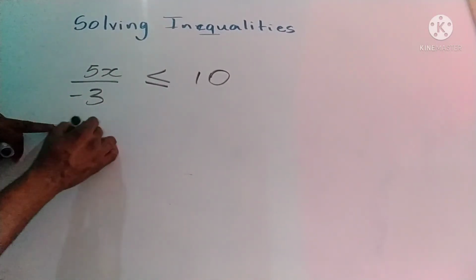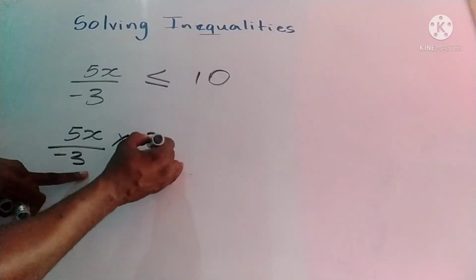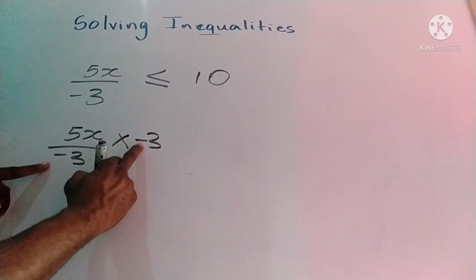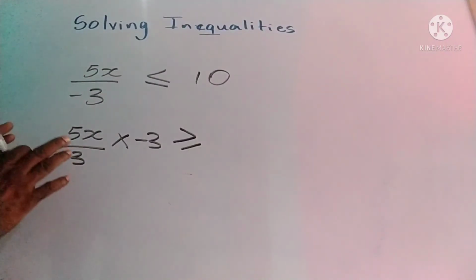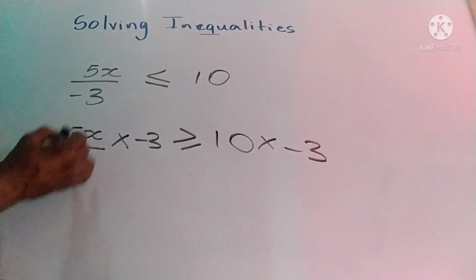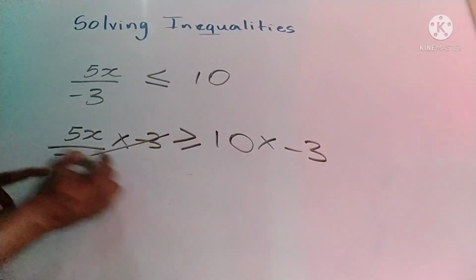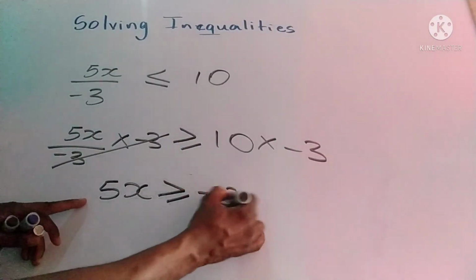So 5x divided by negative 3, we're going to multiply by negative 3. The moment we multiply by a negative number, my sign will flip. So here it is, it flips. It's going to be 10 times negative 3. This cancels itself, so 5x is greater than or equal to negative 30.